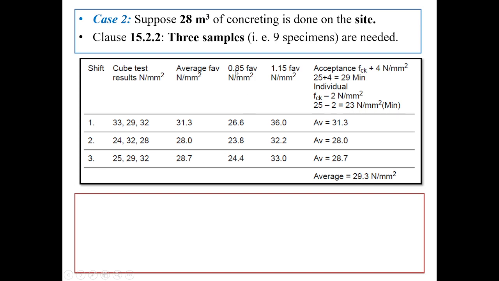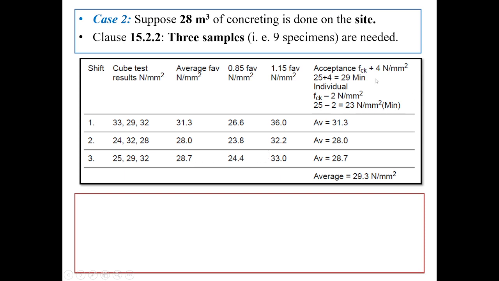When I take 85% of average, it is 26.6, 23.8 and 24.4. And when I increase it by 15%, 31.3 into 1.15 will be 36. Similarly 28 into 1.15 will be 32.5, and 28.7 into 1.15 will be 33.